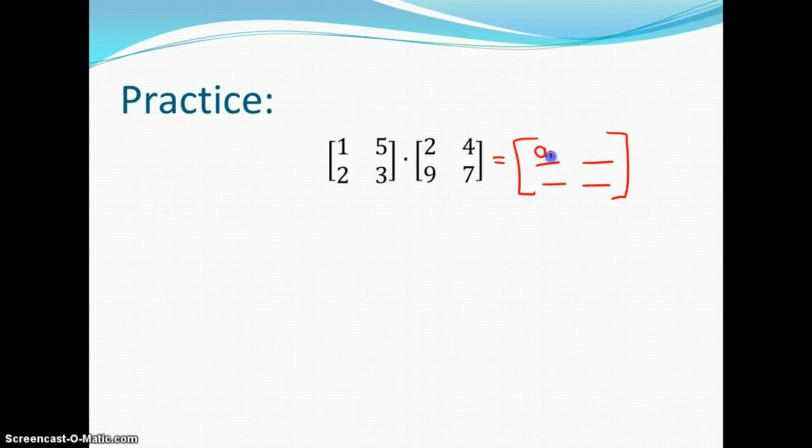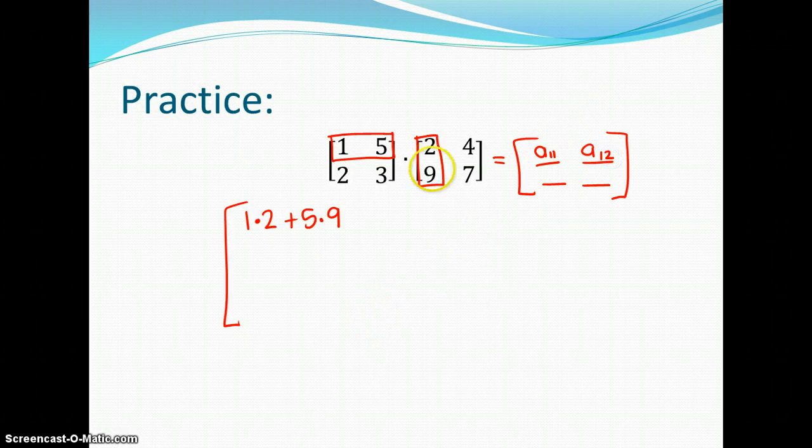So we're starting in row 1, column 1. We want to use the row from the first matrix and the column from the second matrix. So our first entry is going to be 1 times 2 plus 5 times 9. We move to the right. We're in row 1 still, now in column 2.